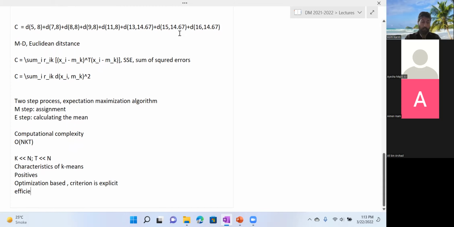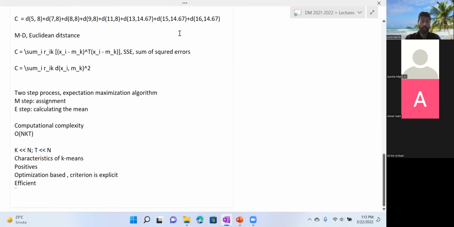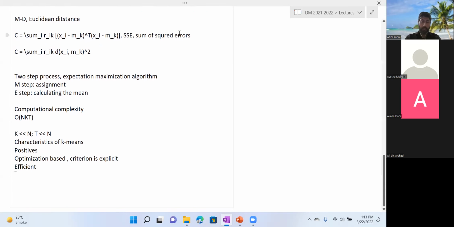It is efficient, as we said, a very big positive. And what else? Partitional algorithm would be a benefit because of the category of algorithms. I think that's pretty much the main of its positives. We will come back to negatives, and if I remember something else, I will add there.